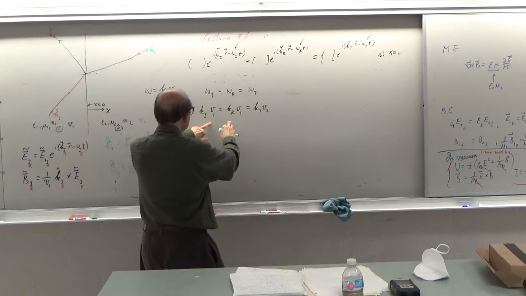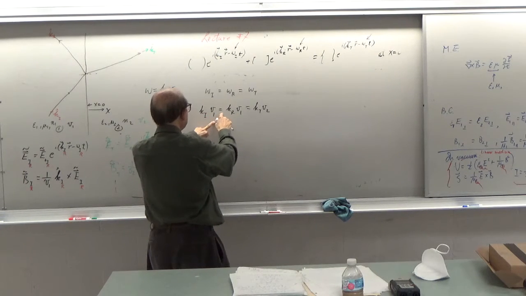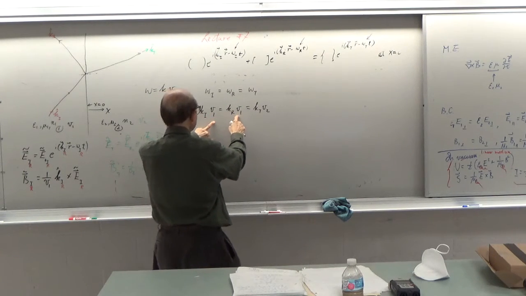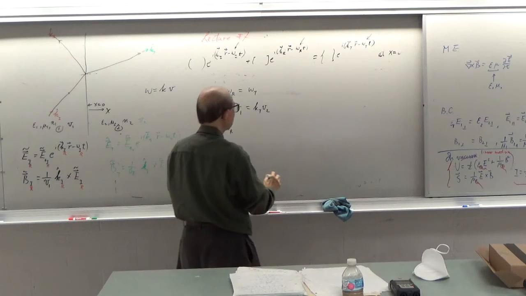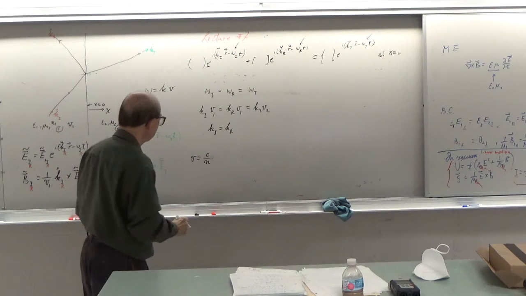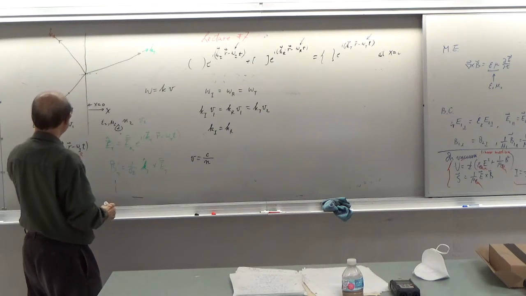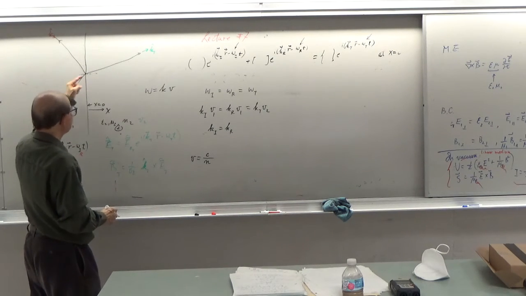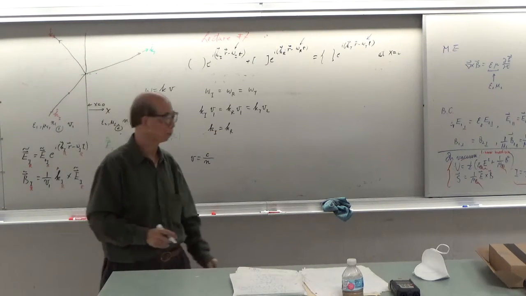All right? From this equality, k_i v1 is equal to k_r v1, so we deduce that k_i is equal to k_r. So that the wave number for the incident beam is equal to the wave number of the reflected beam.